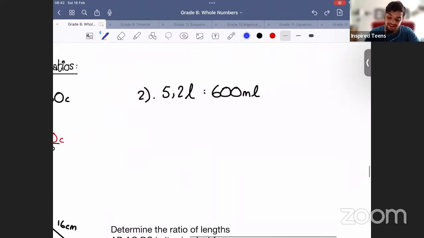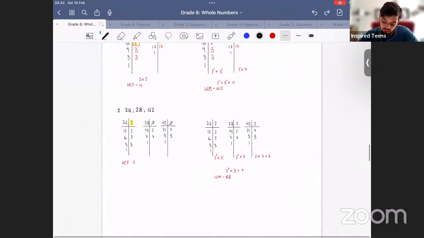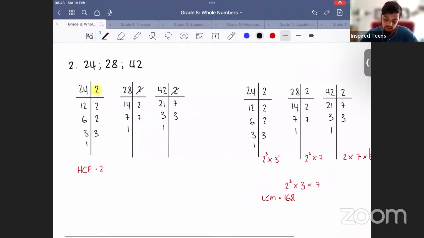Okay, let's look at this example where we have 5.2 liters and 600 milliliters. Please, the person who asked that question, please clarify what you're asking about. The HCF 42. Yes, the HCF 42. Are you talking about this one?